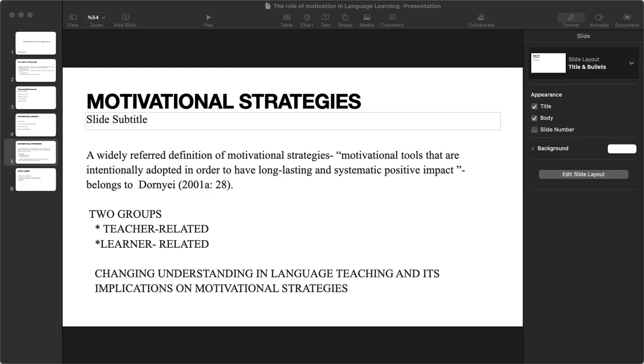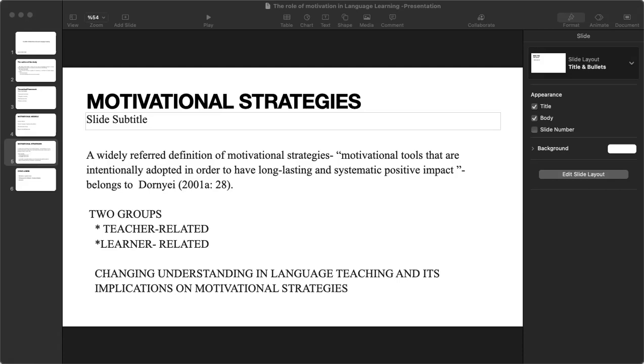And yeah, here I would like to talk about the changes in the recent decades. As we all know, language learning and teaching has undergone a very fundamental change. So the role of teachers, the role of students have changed. This also requires a change in motivational strategies to be adopted.